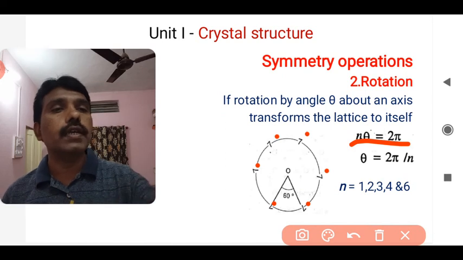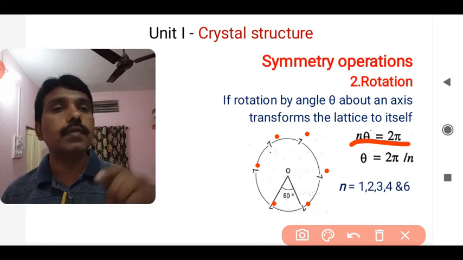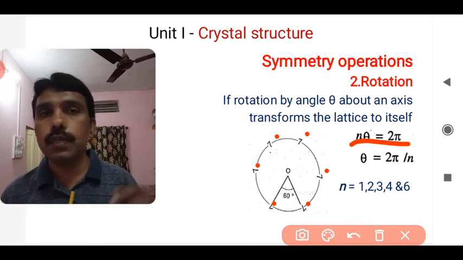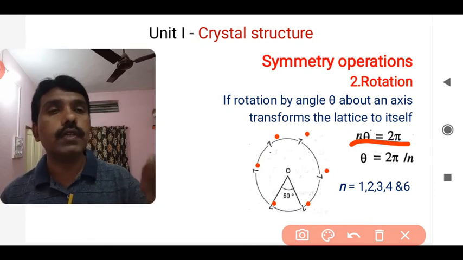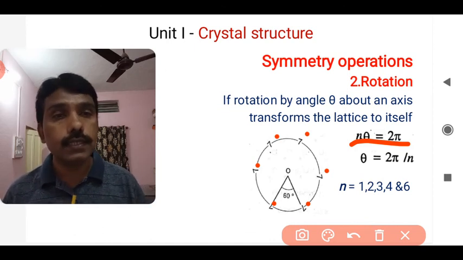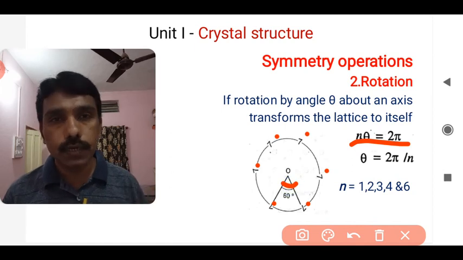If n is 6, then theta will definitely become 60, because 360 divided by 6 gives you 60. That's why the angle is 60, and that's what is shown in this diagram, the 60 degrees.